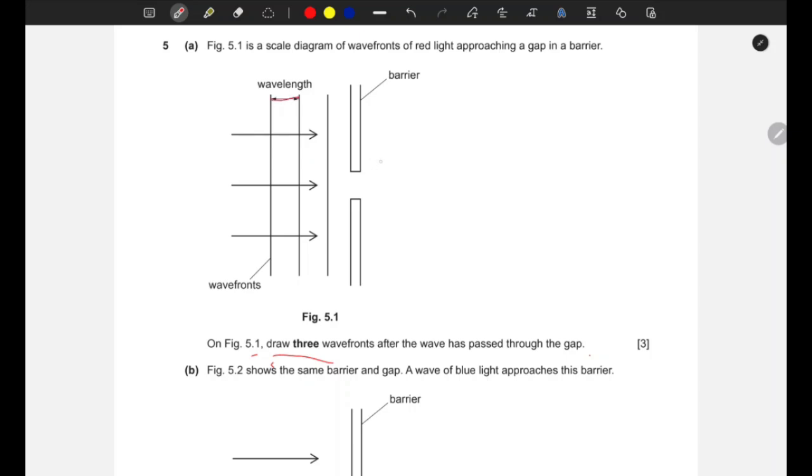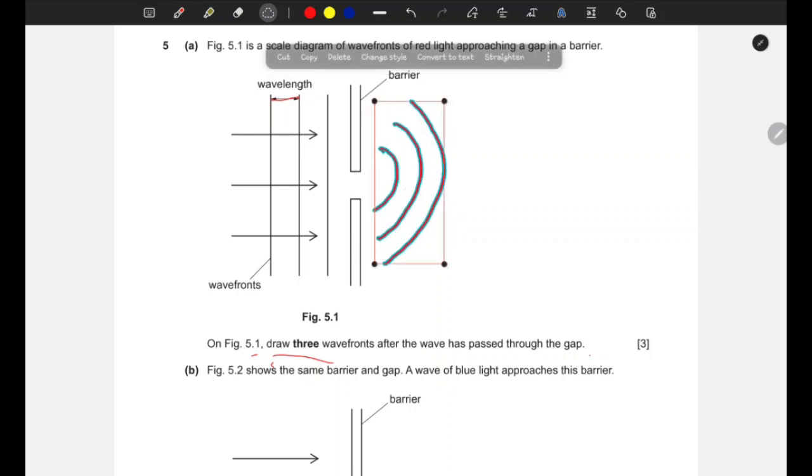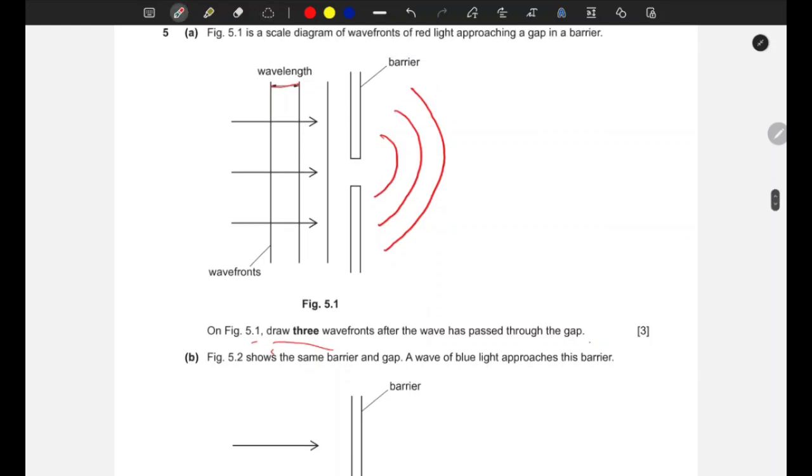Now we draw arcs, and the wavelengths should be about the same. So this would be the answer, but let's slightly move it so it would be centered. So those are the wavefronts.